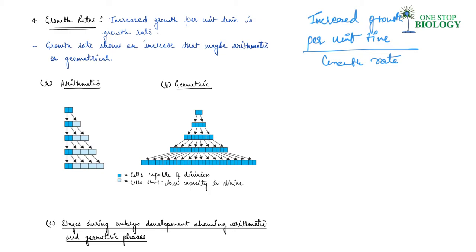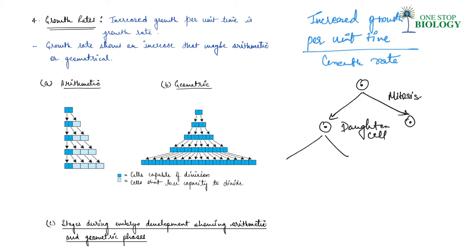I'll show you. Say there is a cell, which divided into two cells by mitosis. So we have two cells now. In arithmetic growth, after this division, say these both are daughter cells, one of these daughter cells will continue to divide.